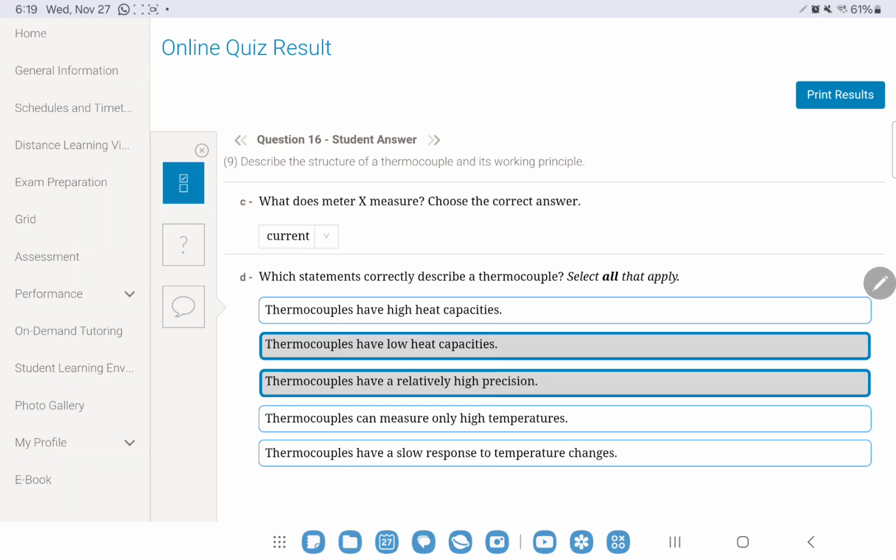These you have to memorize because they're part of the definition of a thermocouple. They have low heat capacities and high precision. And they can measure all temperatures. And they have fast response to temperature change. So this is wrong, this is wrong. And we already said they have low heat capacities, so this must be low. So this is wrong, leaving these two to be the only correct options.